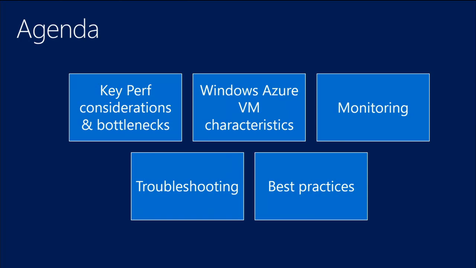And then monitoring and troubleshooting, I'll kind of do that in parallel, but some of the good, useful things to monitor and some of the basic troubleshooting steps and some of the common problems that you can encounter. And then the last part of this session, I'll go through quite a few performance best practices for SQL in a VM. You're welcome to stop me and ask questions as I go along. If I start to run out of time, then maybe I'll start hurrying up.